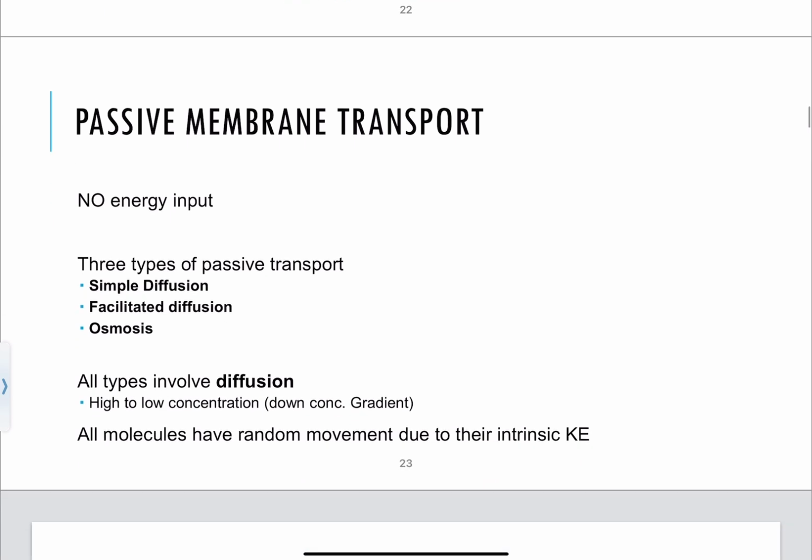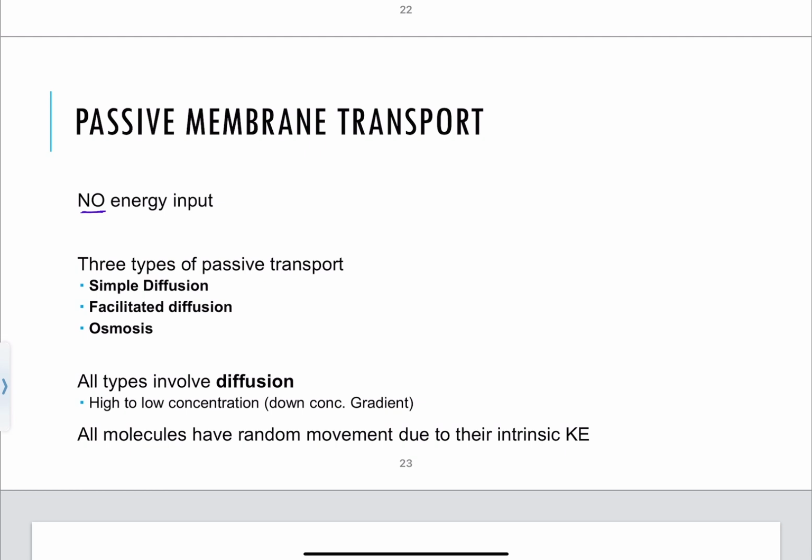Okay, so we're going to start first with passive transport. Again, no energy input. So we don't need a molecule like ATP or GTP to come in for it to cross the plasma membrane. However, all molecules, it doesn't matter if we're talking about a glucose or an ion or anything, have what's called intrinsic kinetic energy. So it's not outside energy, it's energy within the molecule itself that naturally makes it want to move in a specific direction.